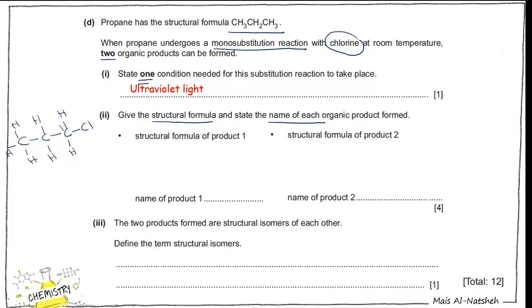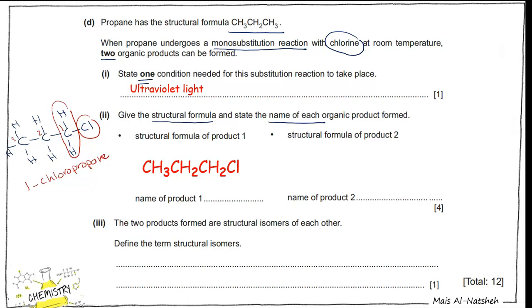So here it is on the first carbon. This one is called 1-chloropropane. So how can we write it as a structural formula? We write it as CH3CH2CH2Cl, because here we have the CH2 part that is attached to one chlorine atom.